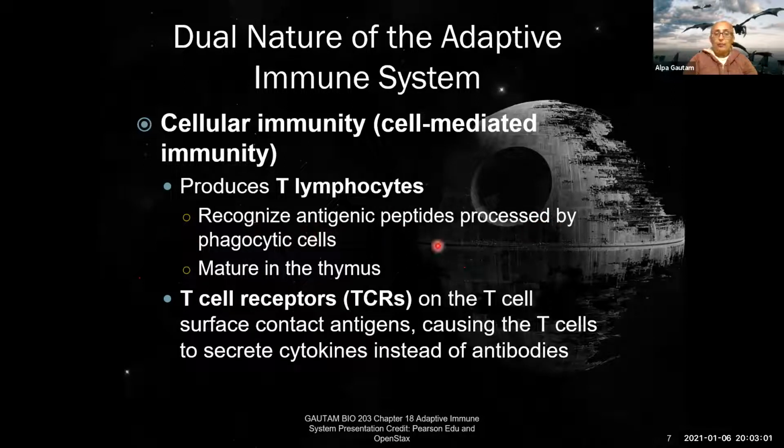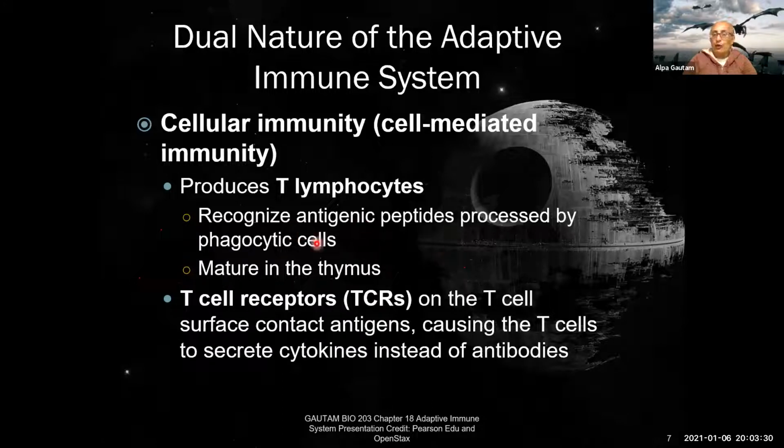Whereas the B cell interacts with the antigen directly, the T cell interacts with a piece of an antigen that's been processed by another immune cell. So T cells don't interact with the antigen directly. They interact with an antigen that's been processed by an immune cell. So that's what this means.